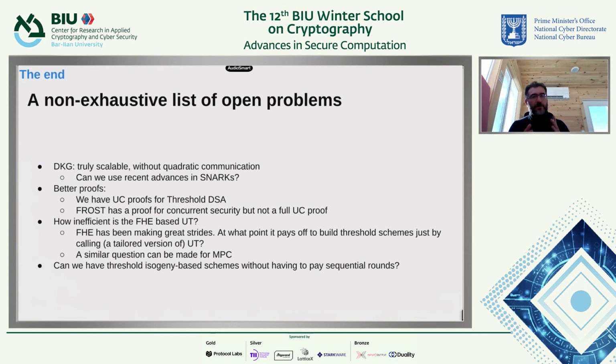And as I said, I believe that it might be inherent, in which case can we prove that if there is a constant round threshold isogeny scheme, then it has to be necessarily not quantum resistant, right? Then you're basically going back to discrete log or something like that. So those are the questions that I'm thinking of. They're not the only open questions in the area, and there's plenty more. And I think this is the end for me.